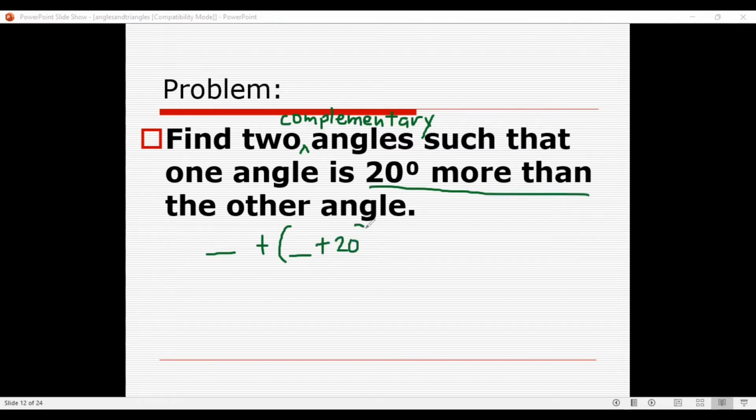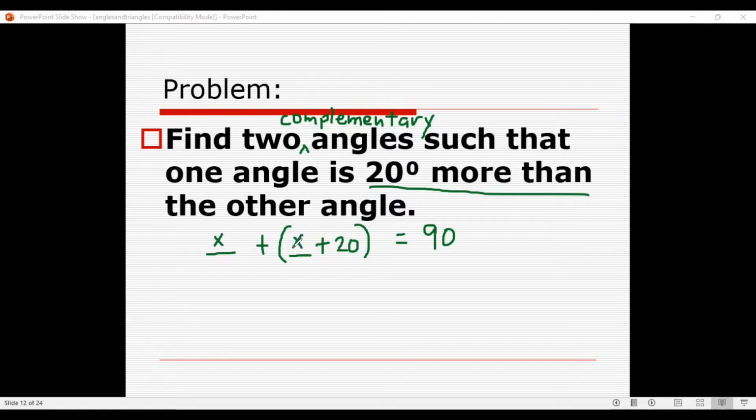And since we are dealing with complementary angles, once we add them, the result we are supposed to get is 90. Again, find two complementary angles such that one angle is 20 degrees more than the other angle. So we have a certain angle plus another angle which is 20 more than this angle, equivalent to 90. We will make use of the variable x because we don't have any measure for that.